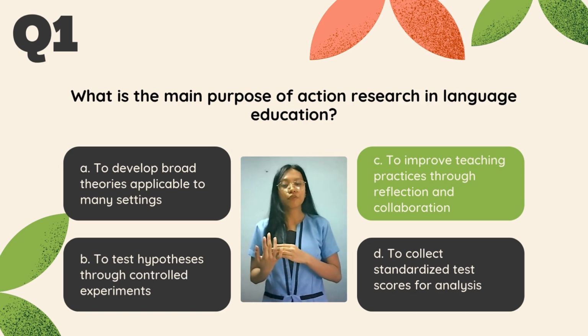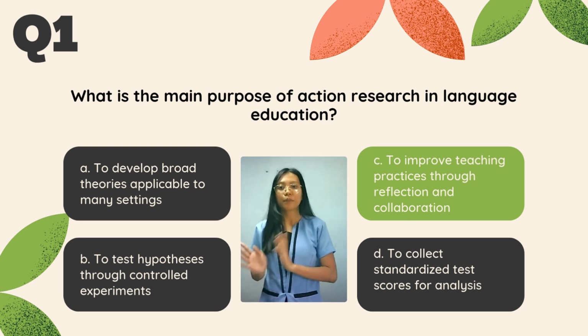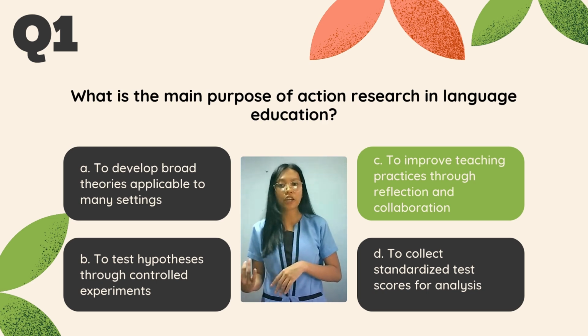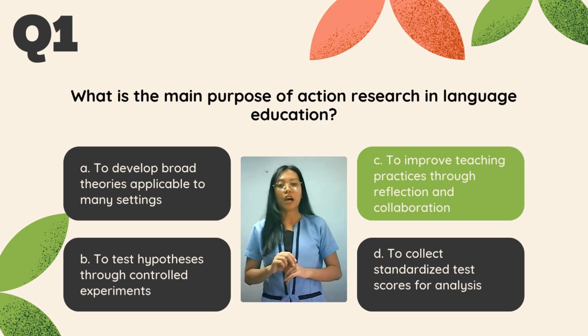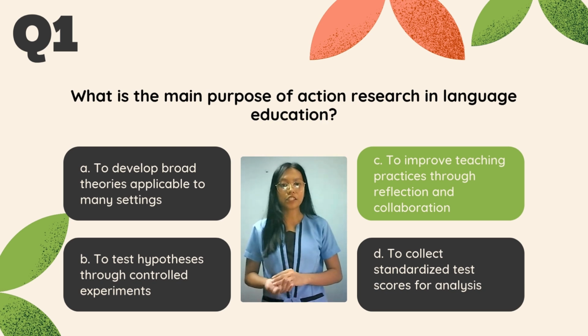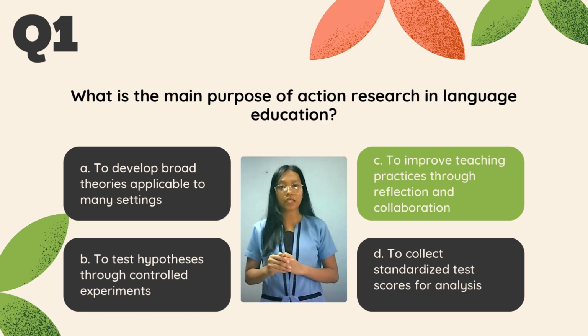It does not just focus on generalizable theories. B is wrong because it describes experimental research rather than action research. And lastly, letter D is wrong because while data may be used, action research is not focused on just standardized assessment analysis, but rather on improving specific classroom practice.